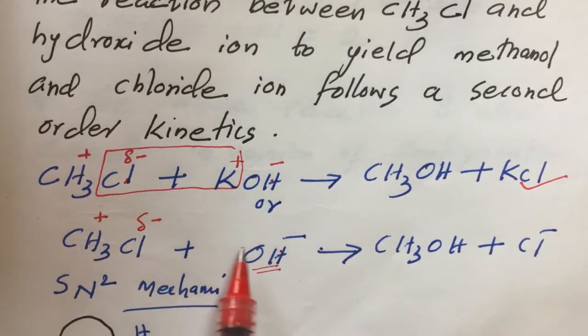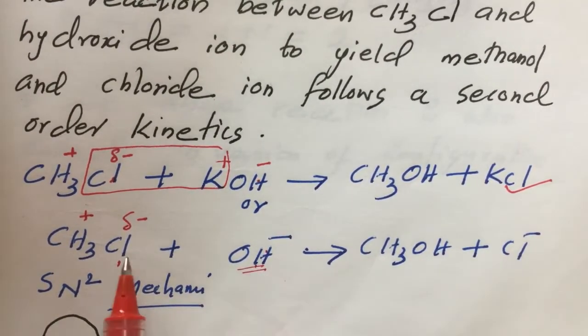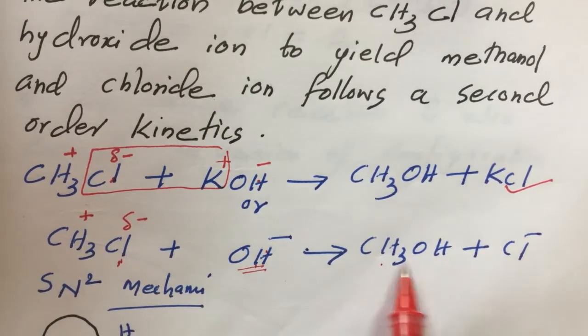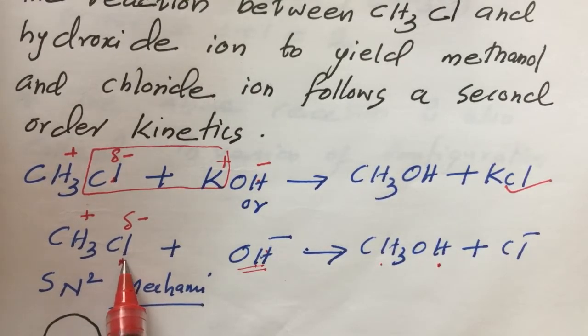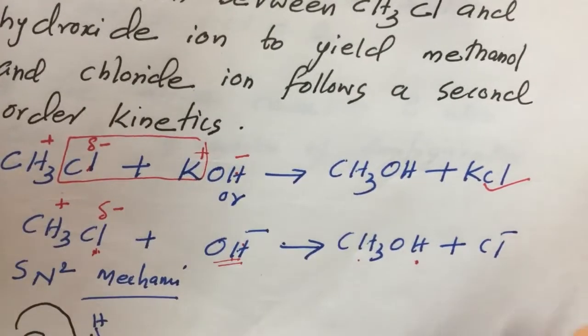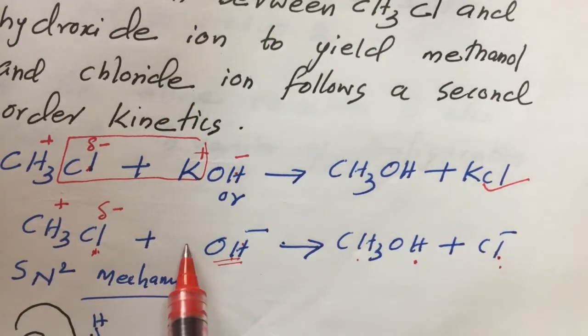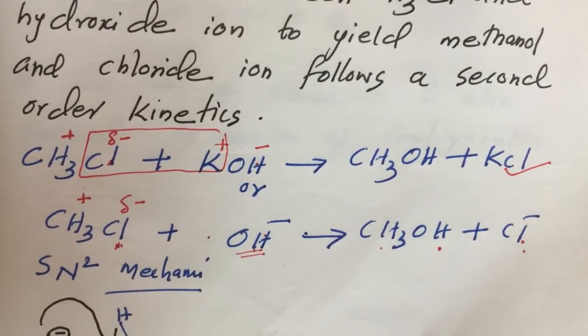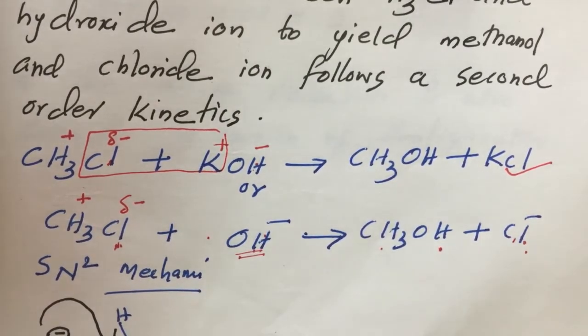OH minus replaces Cl minus to form CH3OH, and Cl minus leaves from the reactant as the byproduct. This Cl minus and K plus combine to form KCl. The same reaction can be written in terms of only the incoming nucleophile and the leaving nucleophile.